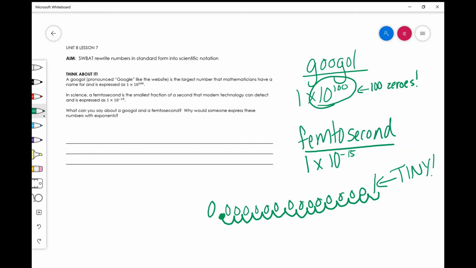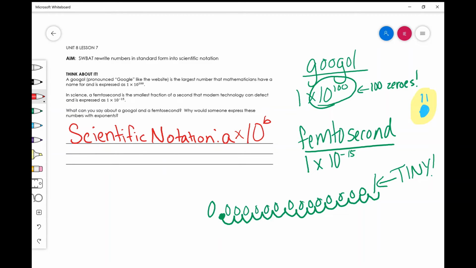This is a giant number. I'm not taking the time to write out all those numbers. Oh my gosh, it's gigantic and so small. That's why we have what's called scientific notation. Scientific notation is when I have a number, let's call it A, times 10 to the power of something.